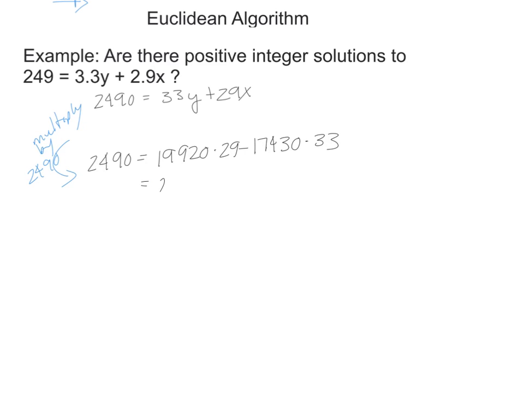So we're going to take this 19920 and we're going to subtract 33k, and then over here I'm going to take the 17,430 and add 29k. So essentially we haven't changed the equation because here we're subtracting 29 times 33k, and here we're adding it back, the 33 times 29k.